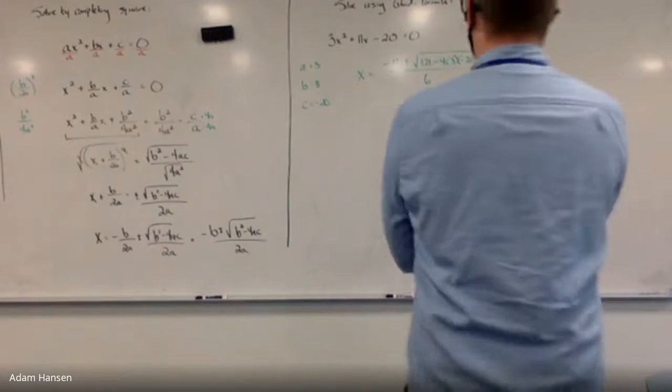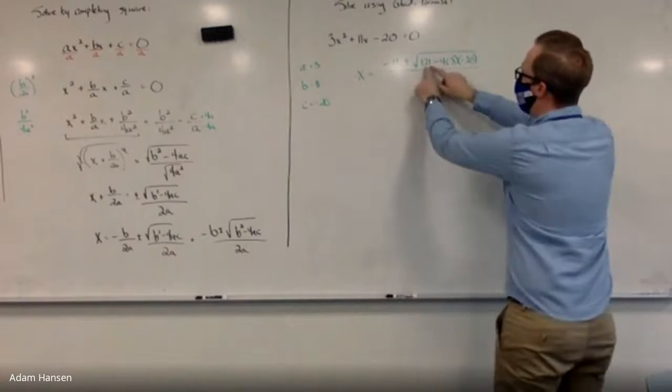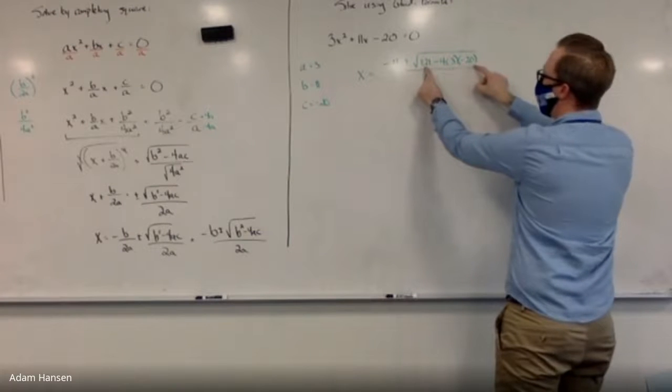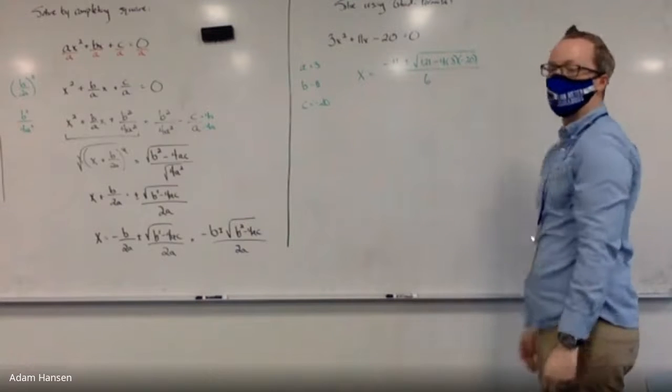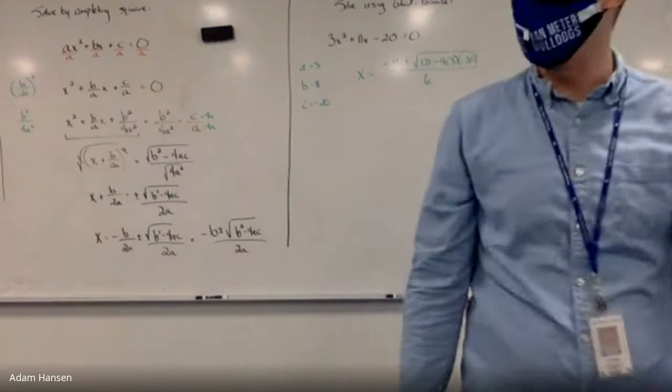Could everyone right now grab a calculator and type everything that's underneath the root into your calculator? I want to know what 121 minus 4 times 3 times negative 20 is. Type it in exactly like that.